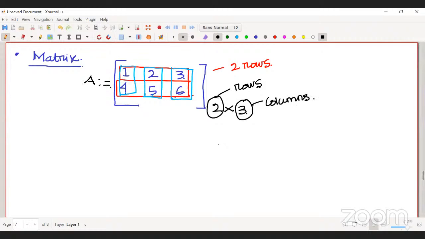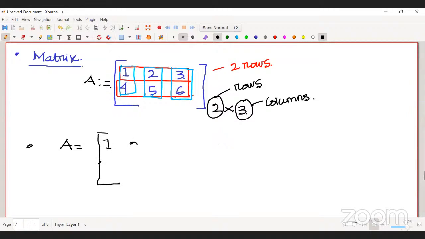Once you have a matrix, it has some order, and just by looking at the matrix we can easily tell its order. For example, let's say this is my new matrix.